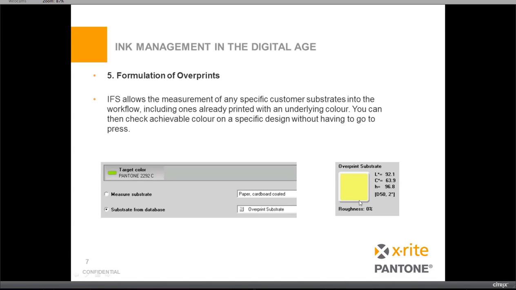If so, we can then set IFS up to have a specific pre-printed coloured substrate, allowing the formulator to see what the achievable colour is using an underlying individually coloured substrate. We can then check to see what colour is actually achievable prior to going to press.